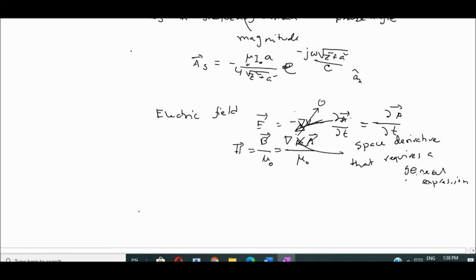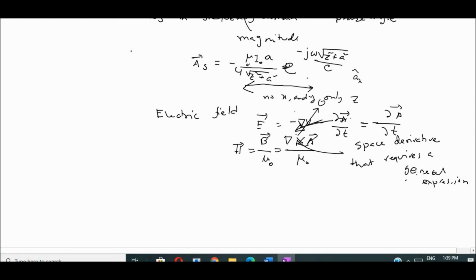But the A that we derived before is not a general expression. There is no x and y in this, only z.